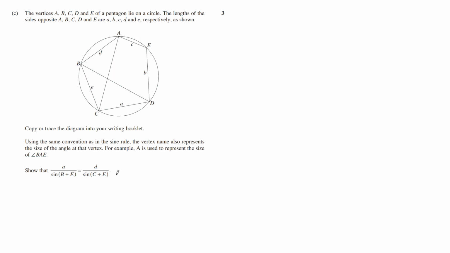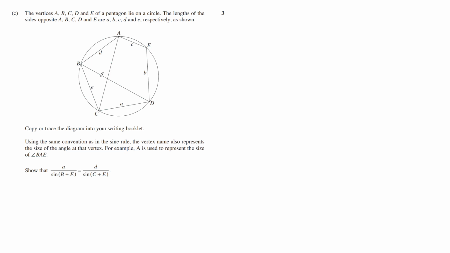Well, this reminds me of the sine rule. So I'm thinking we probably want to be doing sine rules in these triangles. So just try to keep all of that in your mind. You might start out in your rough working by writing down sine rules in these triangles to see how that's going to be relevant.